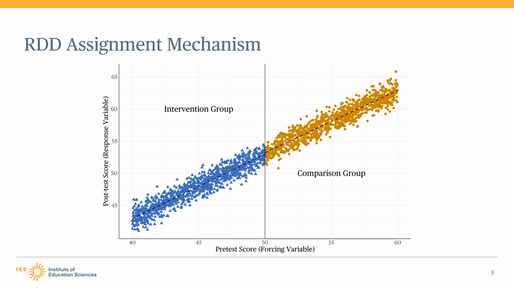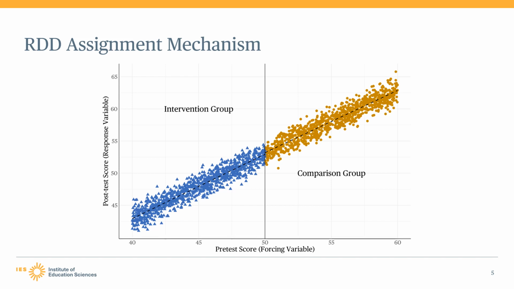For instance, in the example shown here, those who score below the cutoff value would be assigned to receive the intervention because the intervention of interest was a remedial math intervention designed to improve mathematics achievement, and because the forcing variable was a baseline measure of math achievement where lower scores indicated lower achievement.